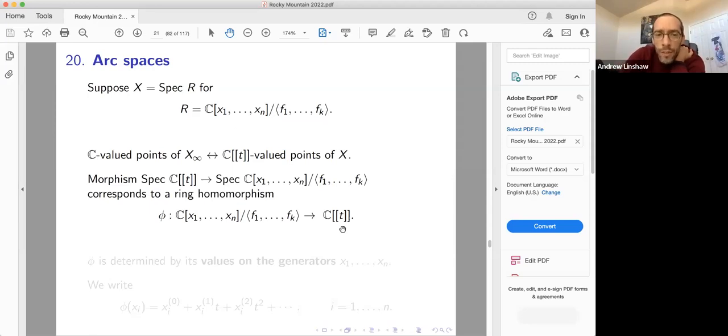So how do you characterize such a ring homomorphism?